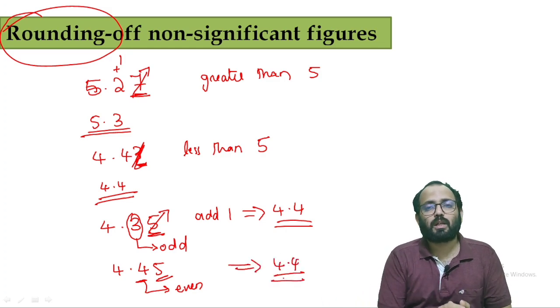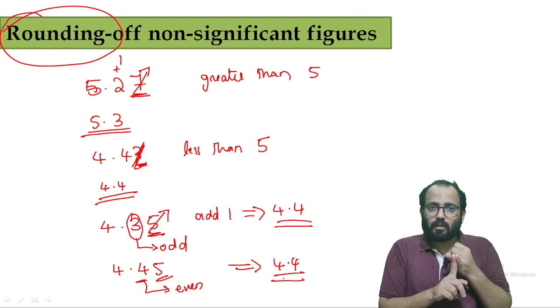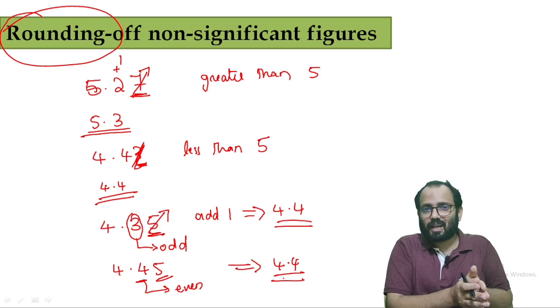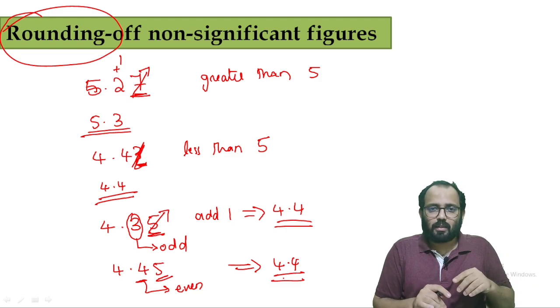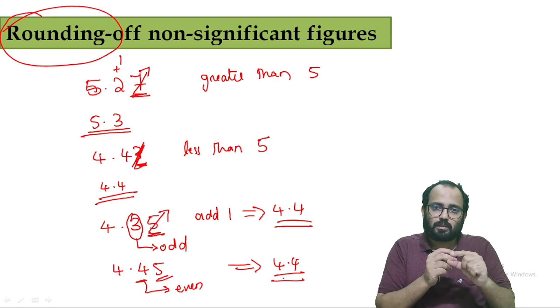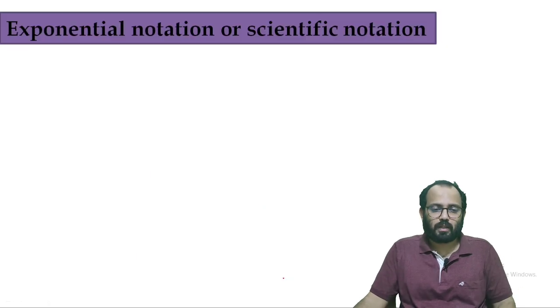This is how you do the rounding off. If greater than 5, you add 1 unit to the adjacent value. If less than 5, you just neglect it. If the value is 5, check the next nearby value. If it is odd, add a unit to that odd number. If it is even, then neglect it.